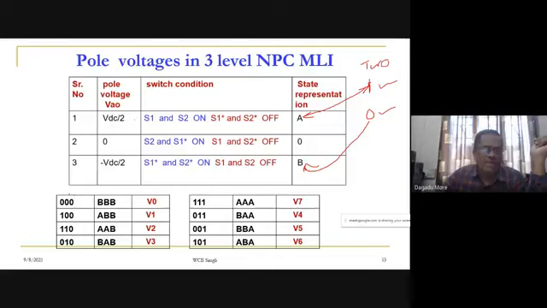Now, if you see here, we have 0, 0, 0, which will be our voltage level for two level.